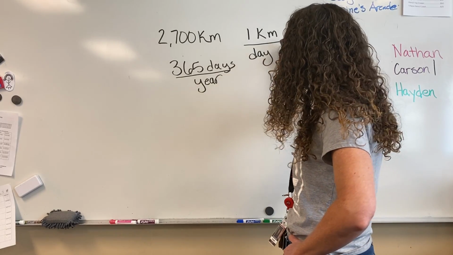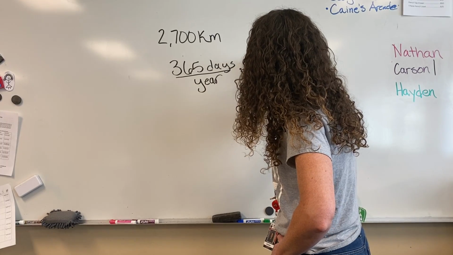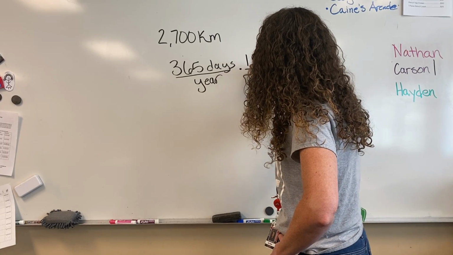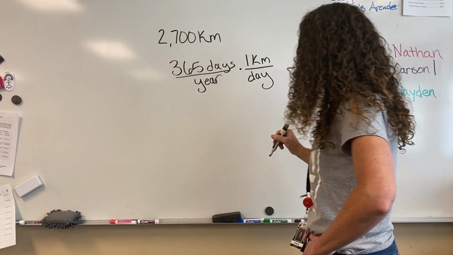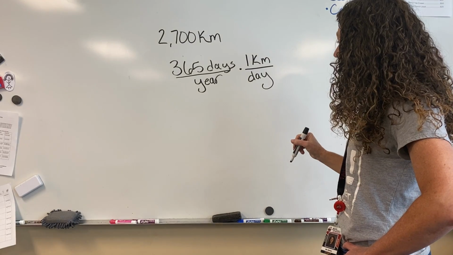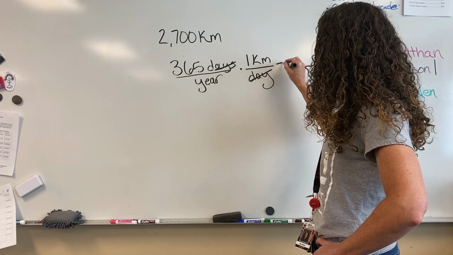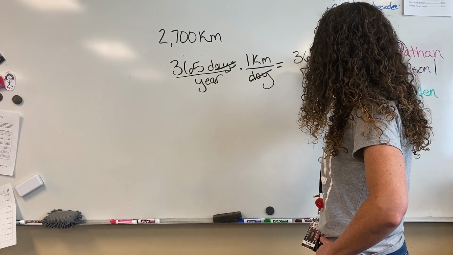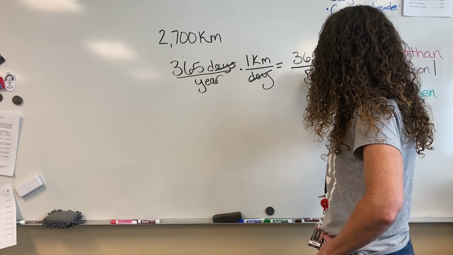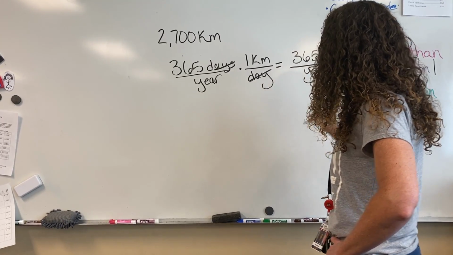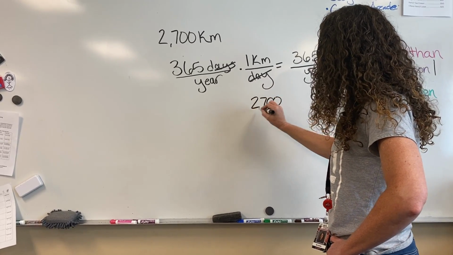If we do 1 kilometer per day, how many kilometers are we going to run per year? 365 kilometers per year. But we're going 2,700 kilometers.